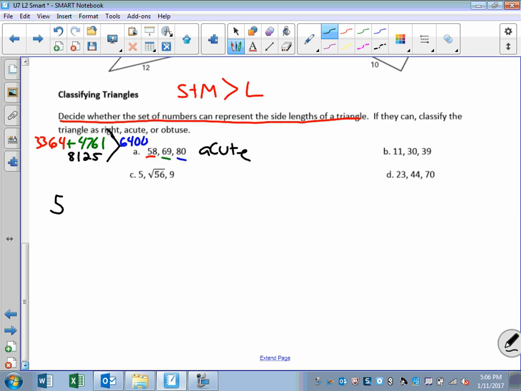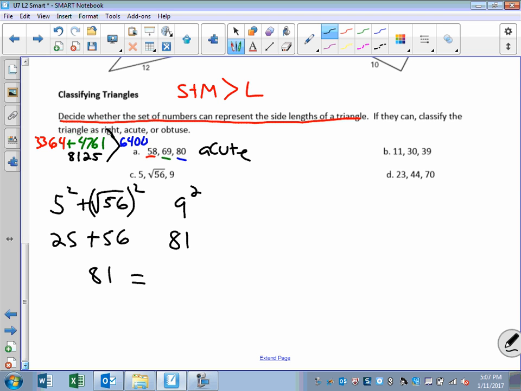Now we've got 5 squared plus the square root of 56 squared, and we've got 9 squared. 5 squared is 25. The square root of 56 squared is just 56. 9 squared is 81. If you add 25 and 56, you get 81. Those are equal, so we have a right triangle.